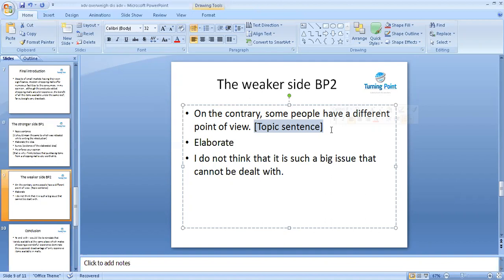And it will be a disadvantage for a person who is from a lower class or lower middle class family. But at the end, I will criticize this decision, or I will criticize this thinking by saying that I do not think that it is such a big issue that cannot be dealt with.